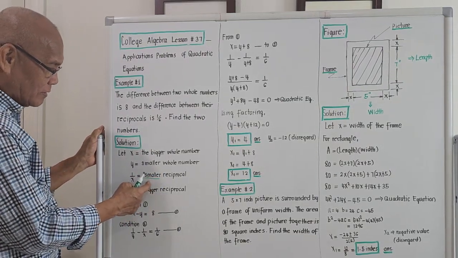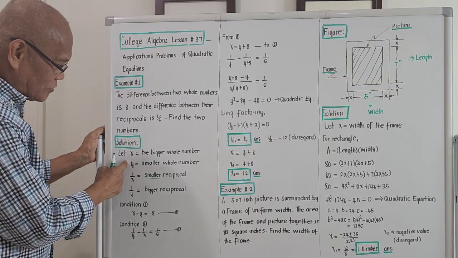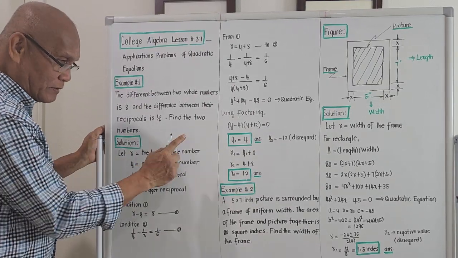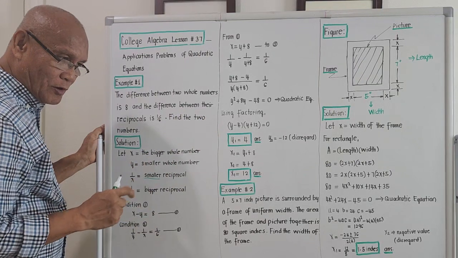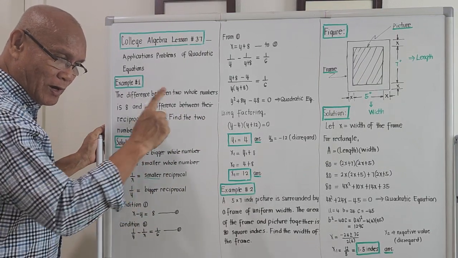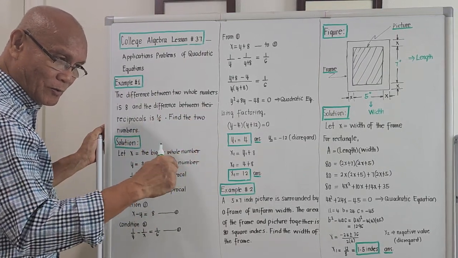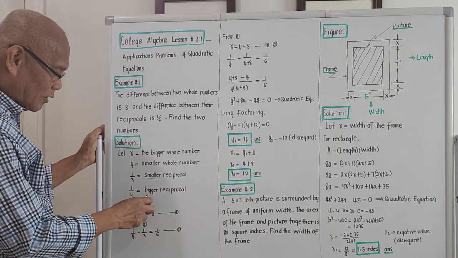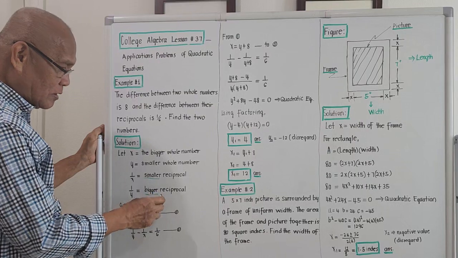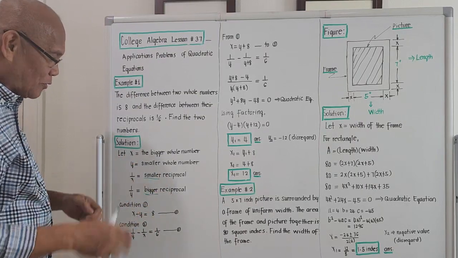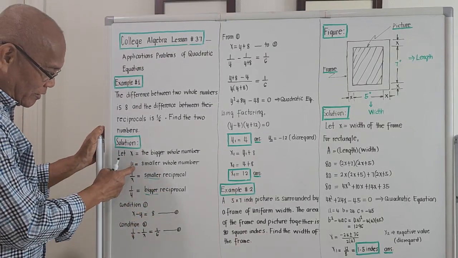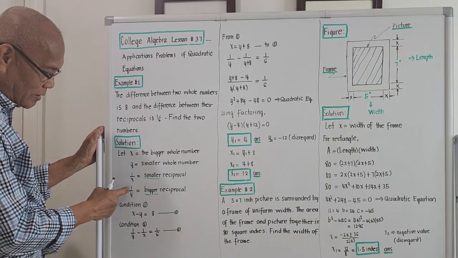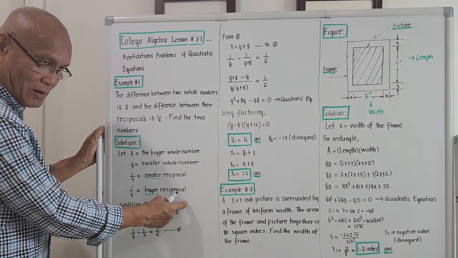Why smaller? Because if x is the bigger whole number, and I take the reciprocal of that one, 1 over a big number will be a small number, right? And 1 over y will be the bigger reciprocal. So out of the two reciprocals, 1 over x is the smaller one, and 1 over y is the bigger reciprocal.